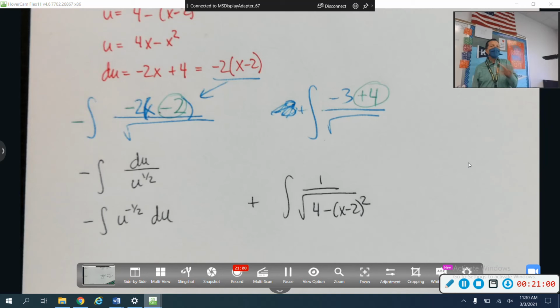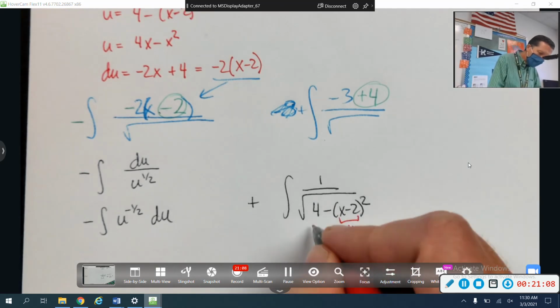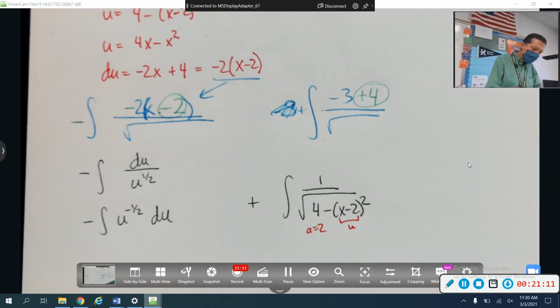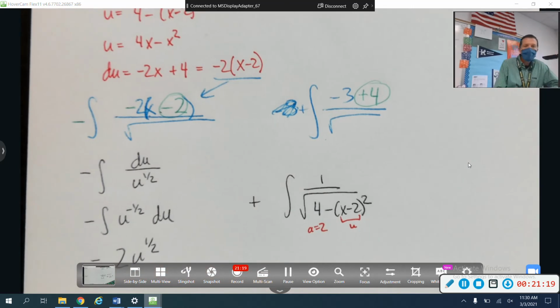All right, now I'm finally ready to integrate, because I think I've got this down to, that's inverse sine. We already said who u is, and a would have to be 2. And then this one is just a power rule. So increase the power by 1, divide by the new power.